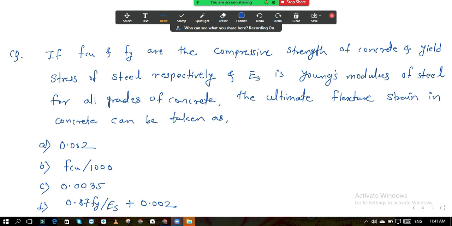Flexure strain means bending strain. Okay, axial load is also there and bending load is also there. Then this type of strain gets developed.